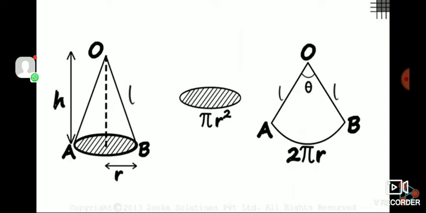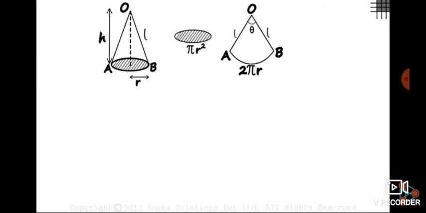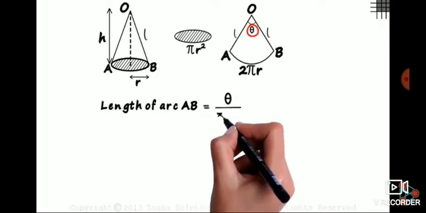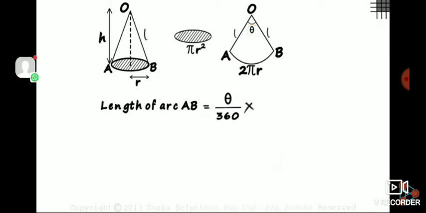Now we are ready to find the area of the sector. And it gets even more interesting. There is another way in which we can find the length of the arc AB. Let's zoom out to look at the other way. It will equal theta by 360 multiplied by the circumference of the circle with radius OA and OB.